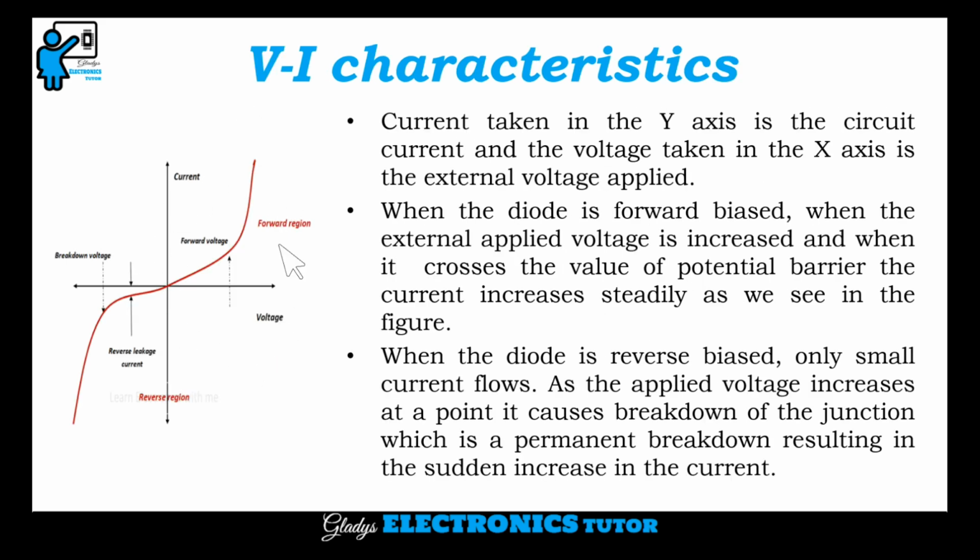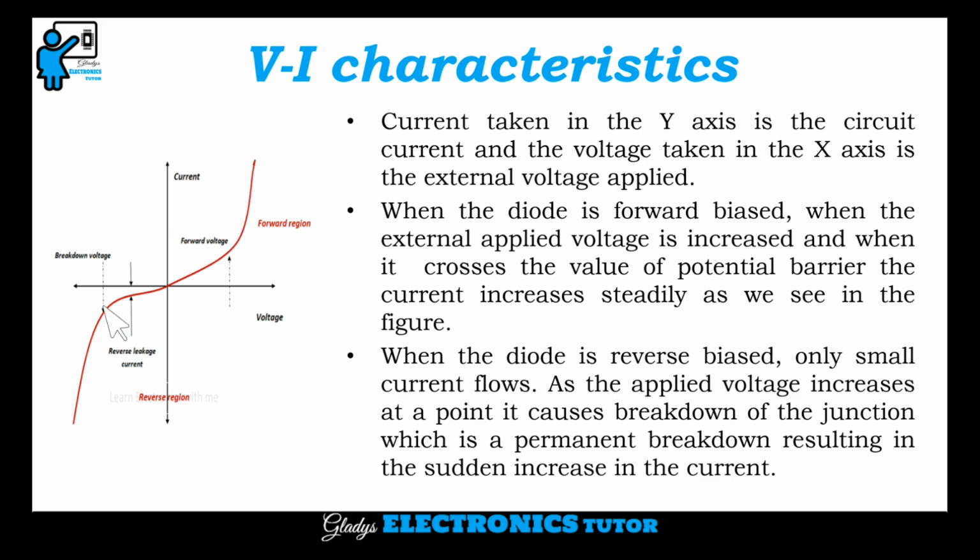Next we'll see about the VI characteristics. The current is taken on the y-axis and the voltage is taken on the x-axis. This is the voltage applied. When the diode is forward biased and the external applied voltage is increased and crosses the value of the potential barrier, the current starts to increase steadily, as we see here.